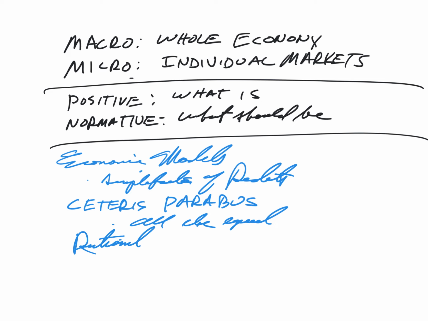Here's a common misconception: by saying people are rational, what it does not mean is that people never make a mistake. No, that's not what rational means. What rational means, at least in the economic sense, is that people will choose purposefully based on the information they currently have.